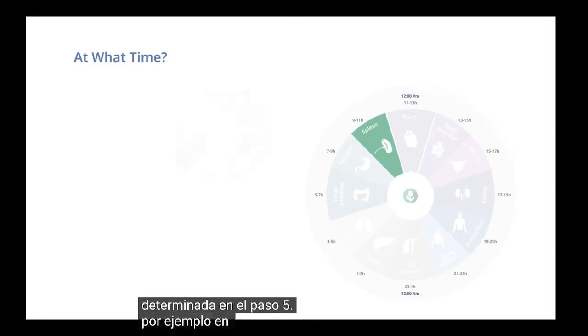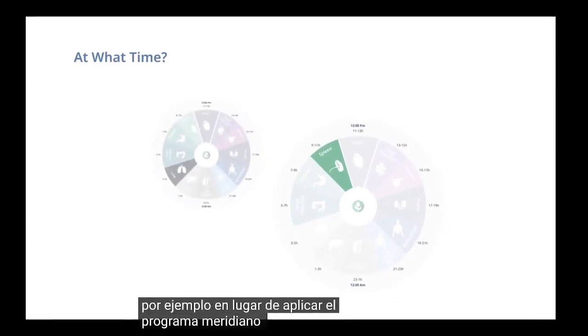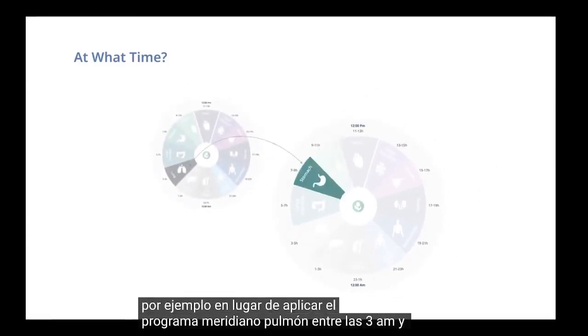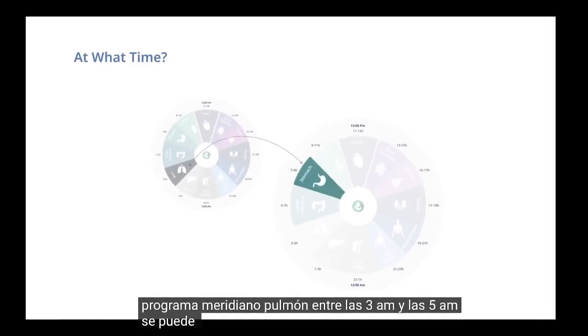For example, instead of applying the lung meridian program between 3 a.m. and 5 a.m., you can use the stomach meridian program between 7 a.m. and 9 a.m.